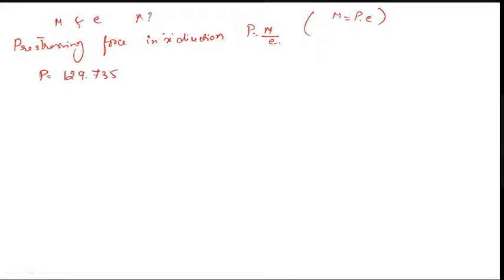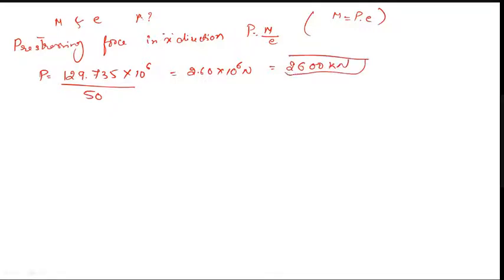See, E value is in mm, so I will go for 10 power 6, divided by E we have got 50. Therefore I will get 2.60 into 10 power 6 Newton. Just I will convert it into kilonewton. It is nearly 2600 kilonewton. I have got the value of P.